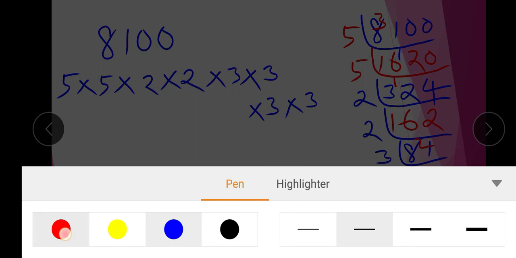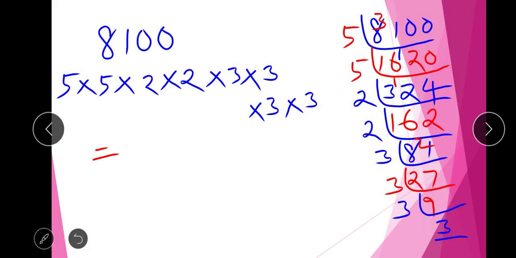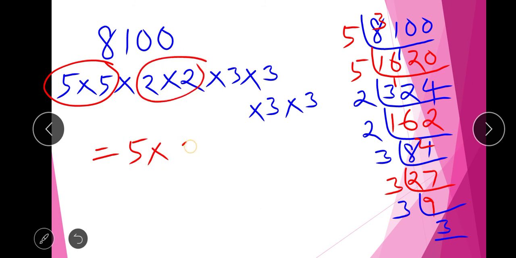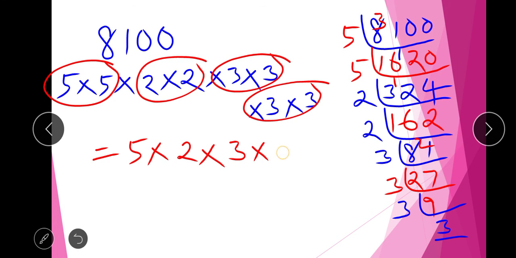Now let's take the root from each pair. From this pair, one root 5. From the next pair, one root 2. Then from this pair, root 3. And from this pair, one more root 3.